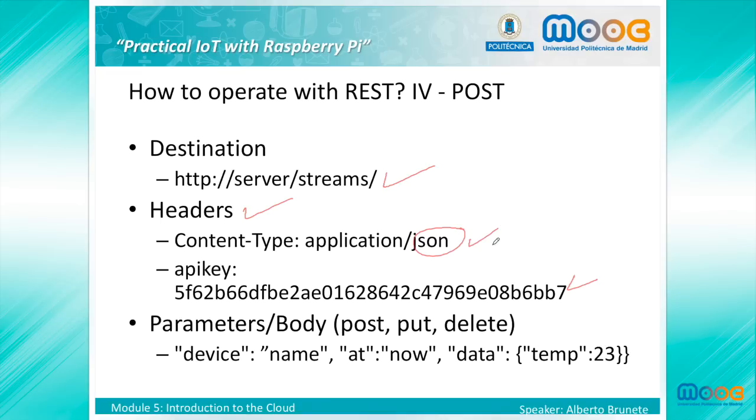In this case, we use JSON. We want to upload data to the device specified by name at the time now, and the data will be temperature data with the value 23. In this case, 23 degrees.